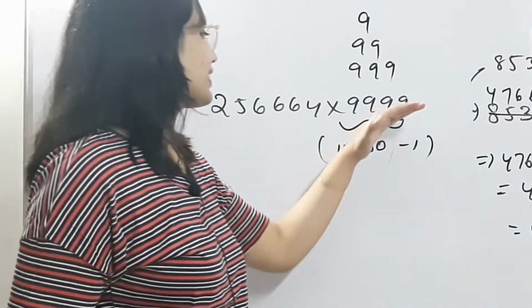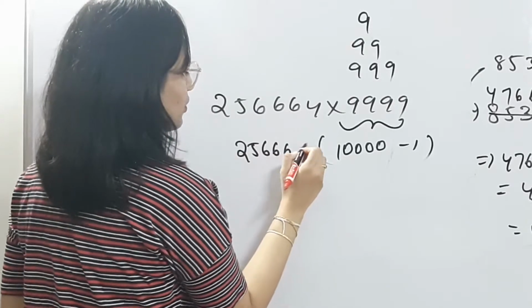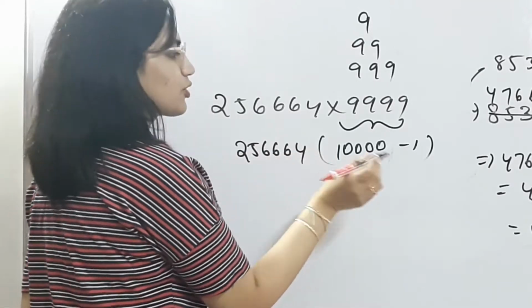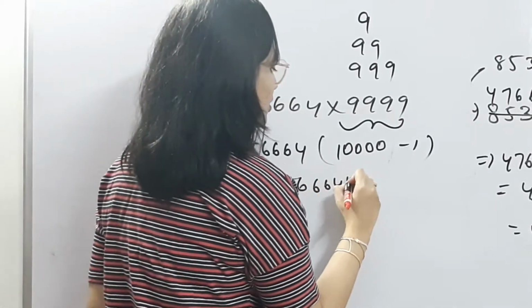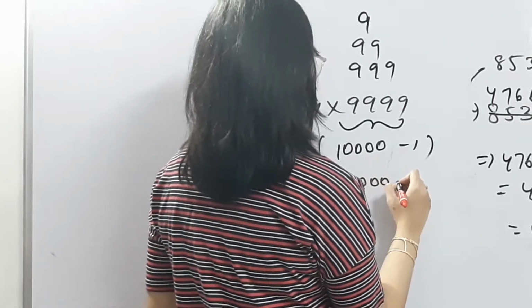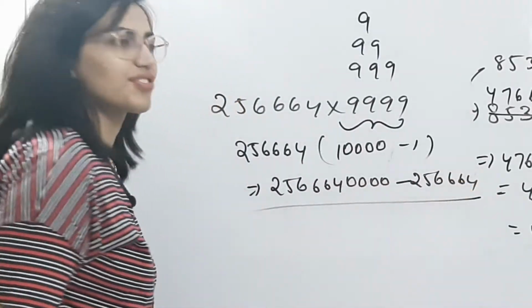So here 9999 is 10000 minus 1. It's very easy if you now subtract this into this one. So we'll get what? 2566640000 minus 256664 and you'll get the answer.